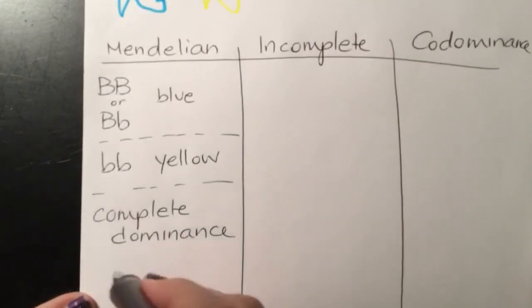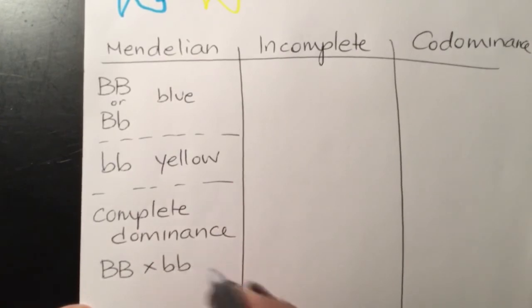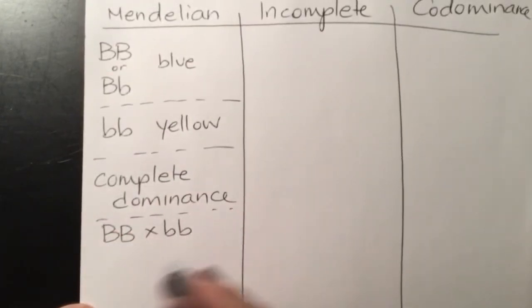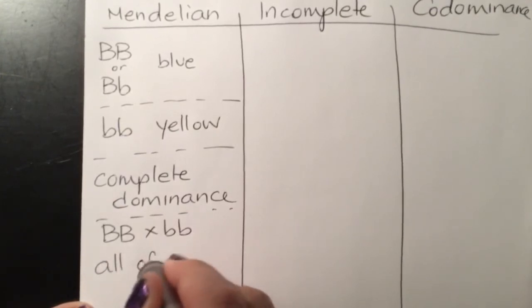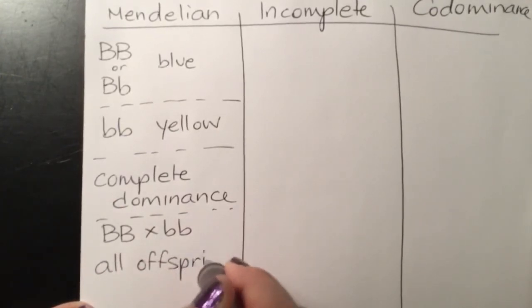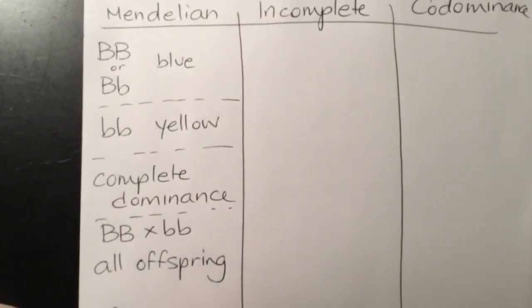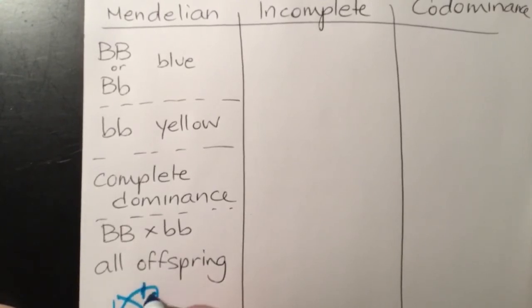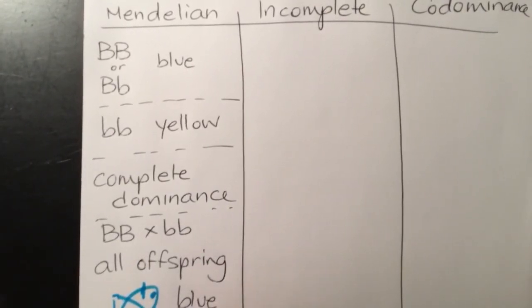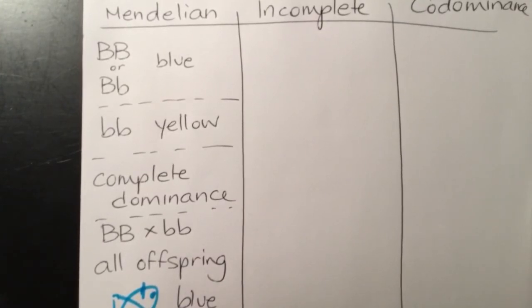And if we cross, say, big B and little b, all offspring look like this. They're all blue. That's their phenotype. And big B, little b is their genotype.